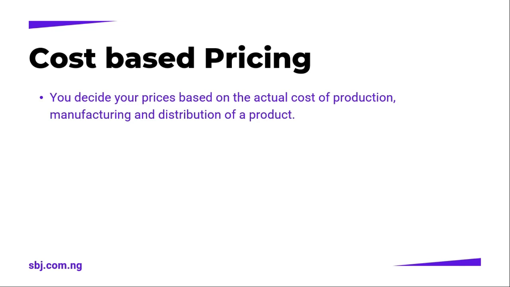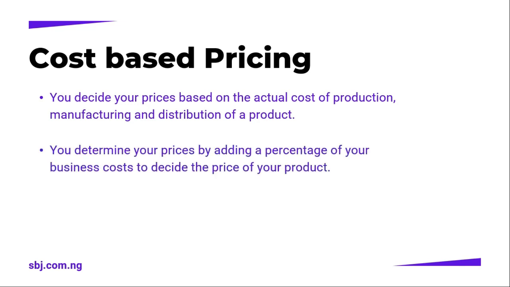So remember in the previous lesson when I talked about calculating the unit actual cost of your product, this is it. You're basing your prices on that actual cost of production, your transport cost, your delivery cost, labor cost, and every other cost incurred to bring that product to the point where you can sell it.